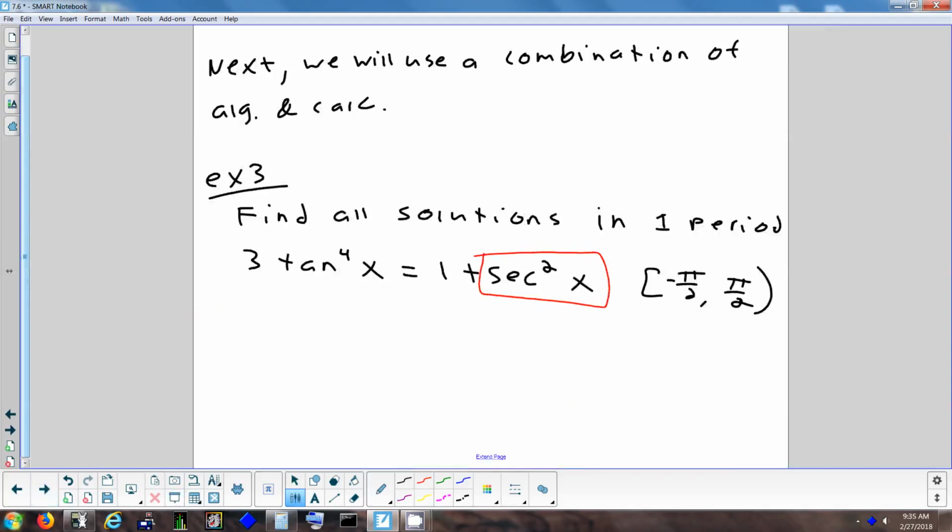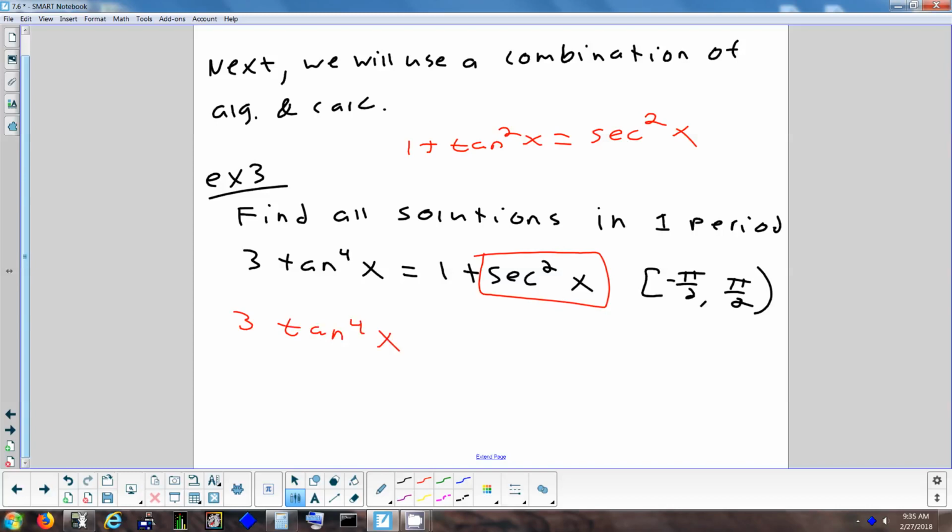And does anyone remember the identity that has secant squared in it, and luckily it also has tangent in it, so it's going to work perfect. Yep. 1 plus tangent squared equals secant squared. It's already arranged the way we need it. Replace secant squared with 1 plus tangent squared.